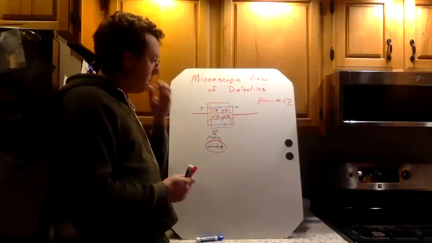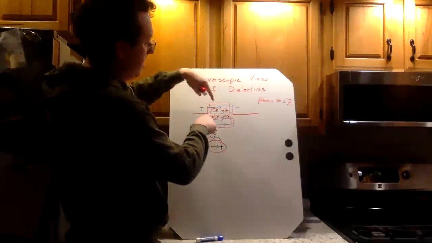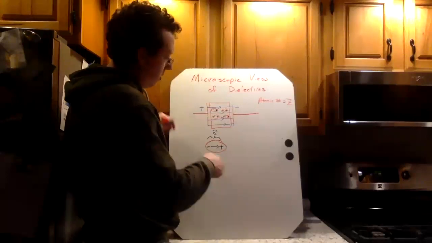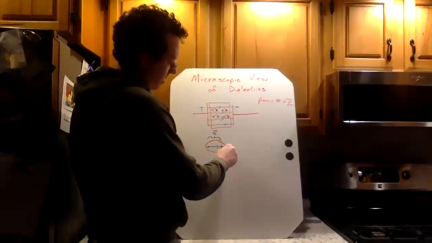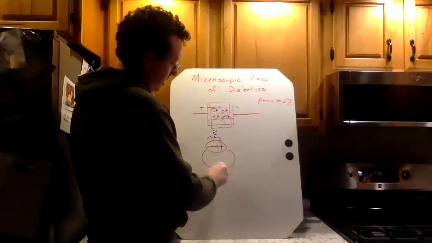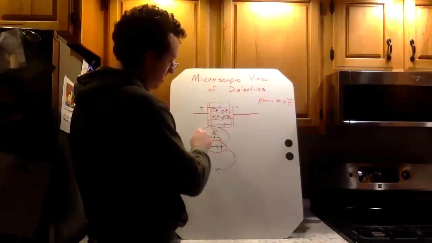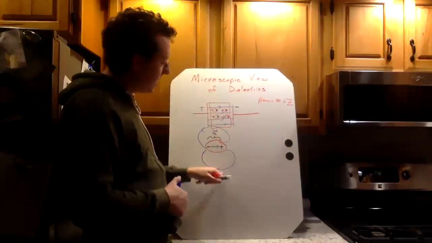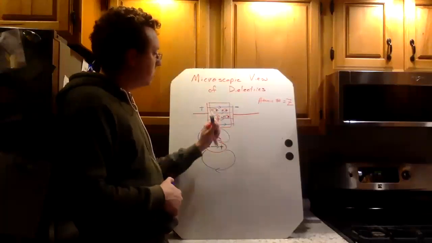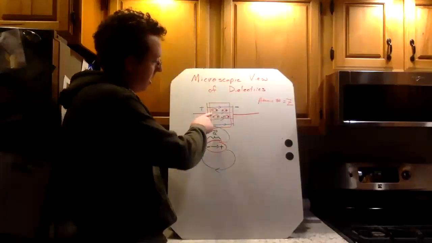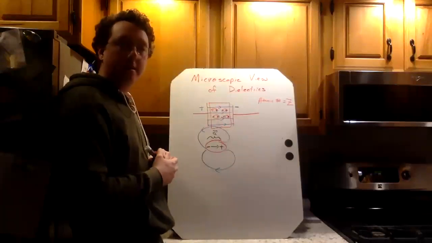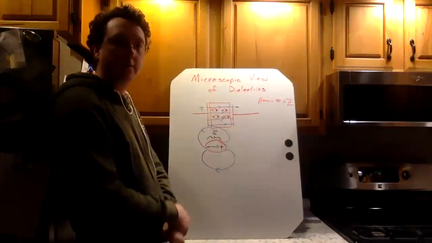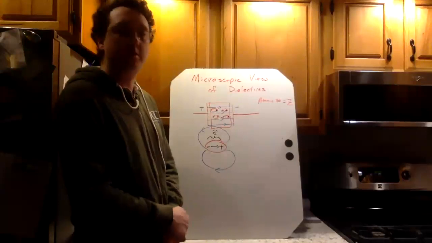On average, the induced secondary electric fields run from positive to negative, so the secondary electric field is oriented opposite to the external electric field created by the battery or whatever voltage source.